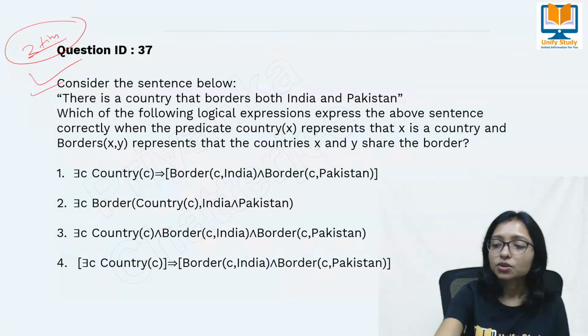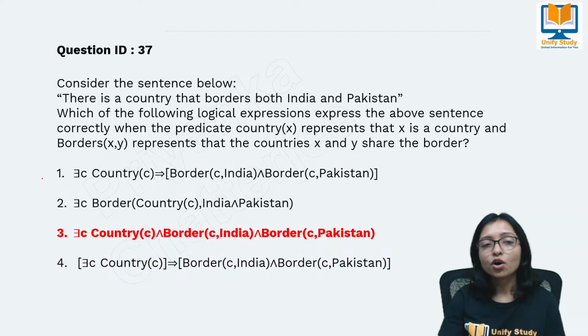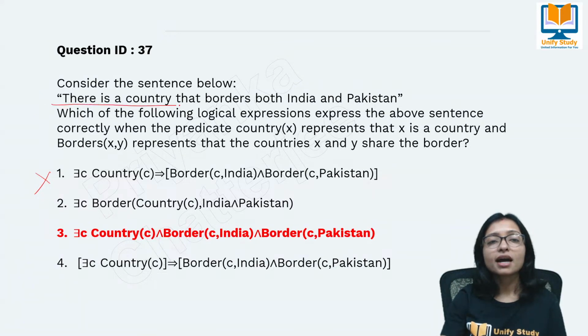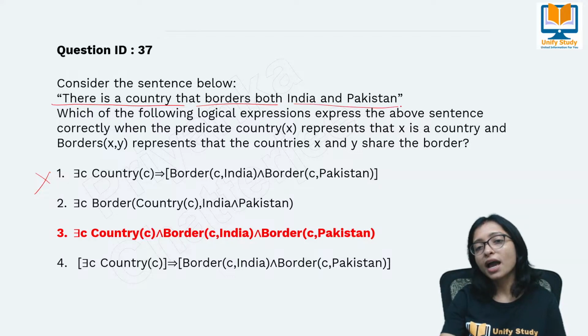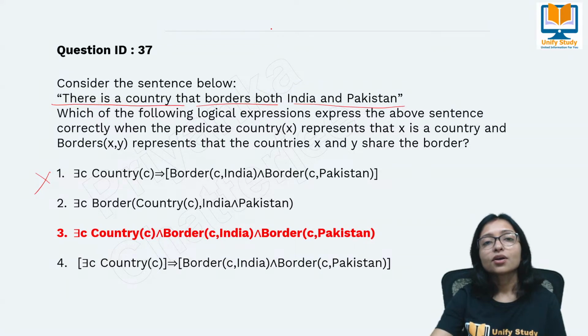So here most of you are telling option A. That is wrong. Here I am telling you a trick. There is a country that is border of both India and Nepal. Always remember one thing: whenever you are using there exists, then always you will use and.